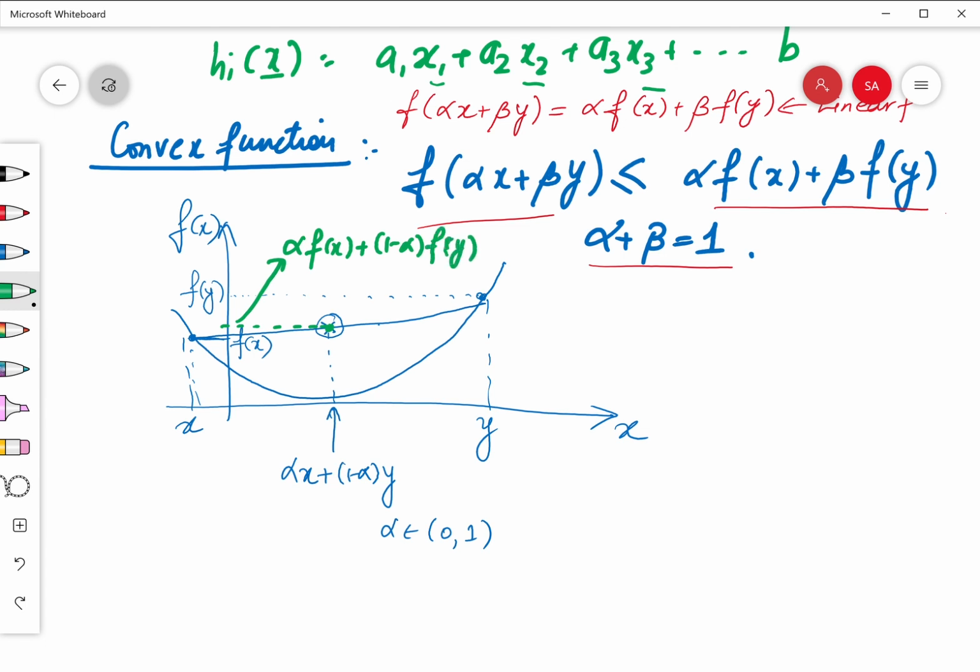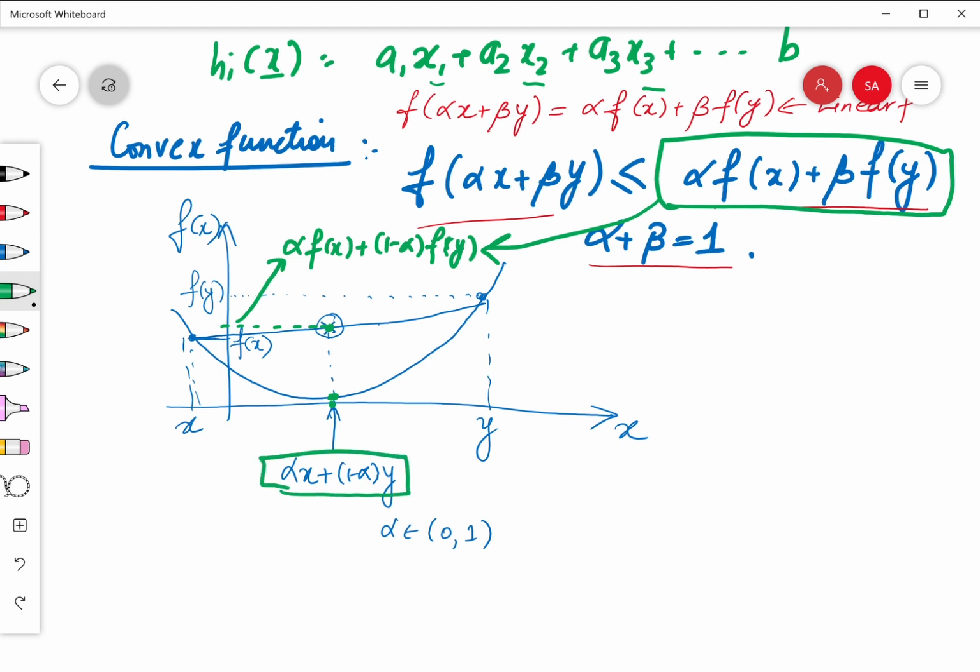Okay, and so this is the interpolated point, which is here. And what is the actual function value at this point? The value of the function at this point, let me write it, is f(alpha x plus 1 minus alpha y).